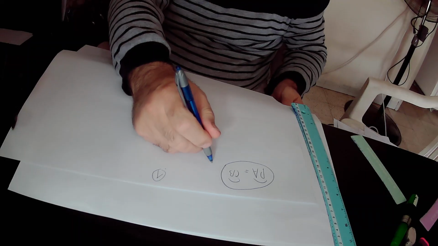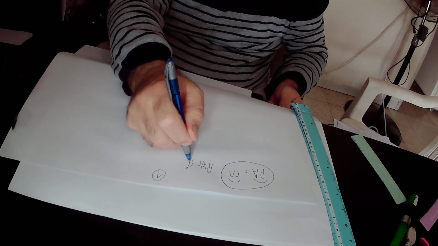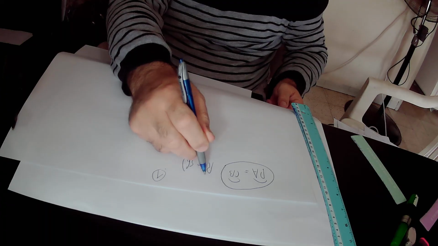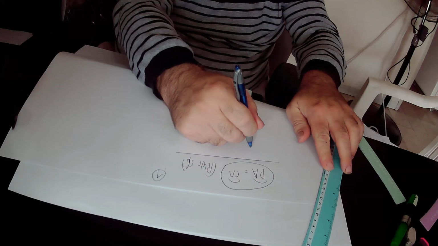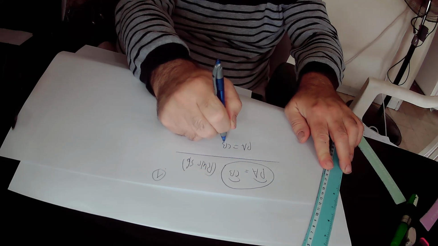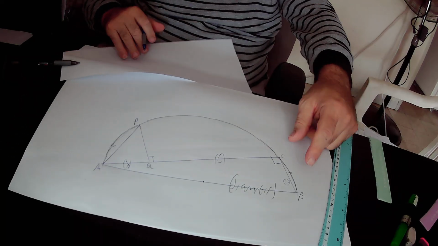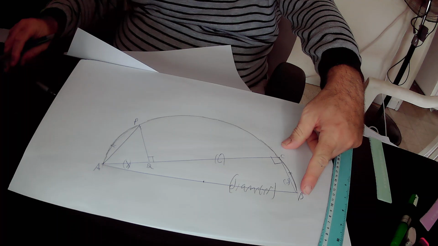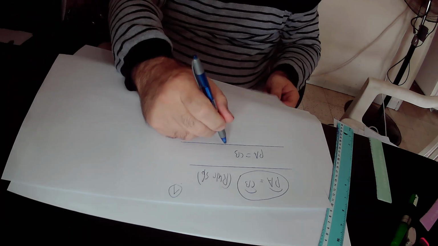So according to rule 56, chord PA is equal to chord CB in length. But it is given in the question that this is chord CB, equal to 5 units in length. So we can write that CB equals 5.